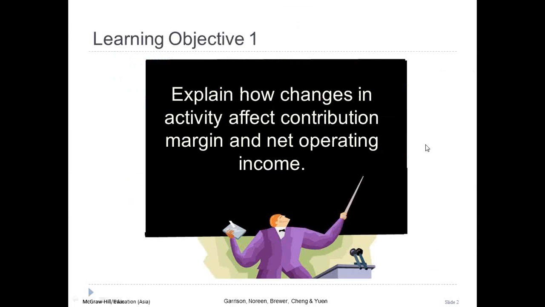So, learning objective number 1. Let's explain how changes in activity affect contribution margin and net operating income.